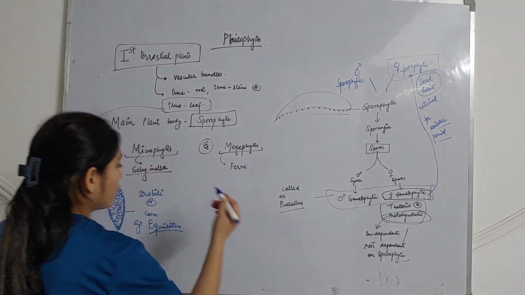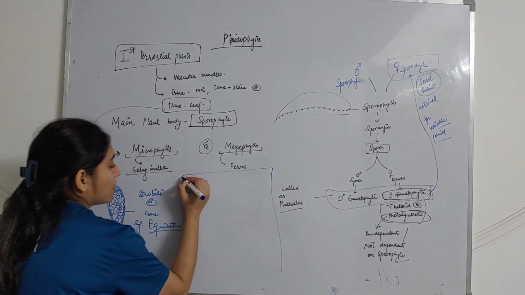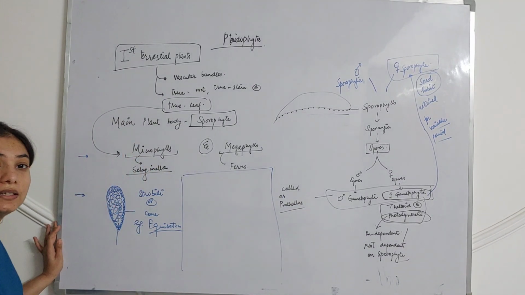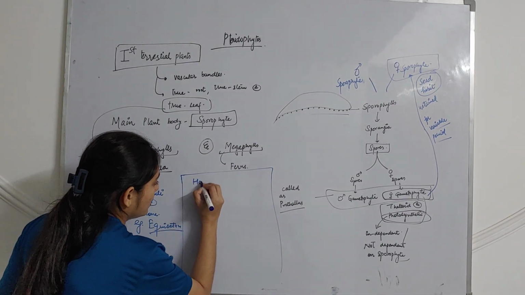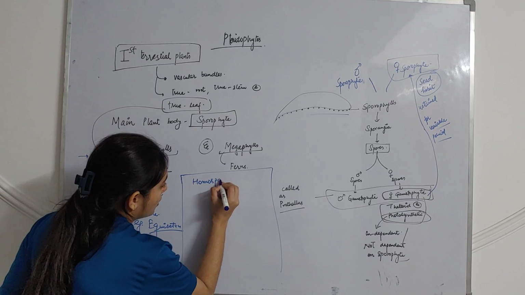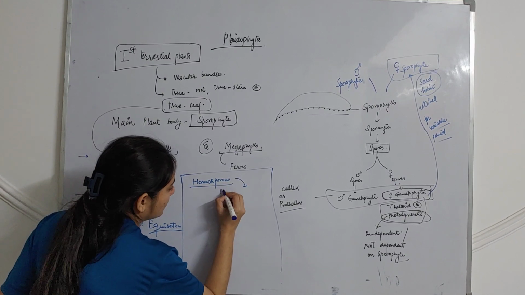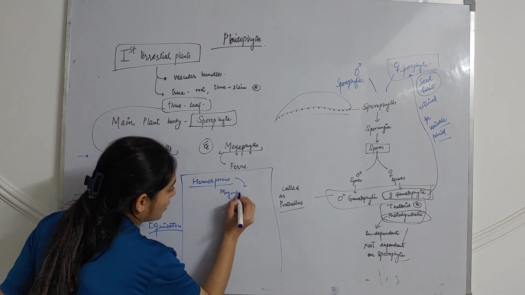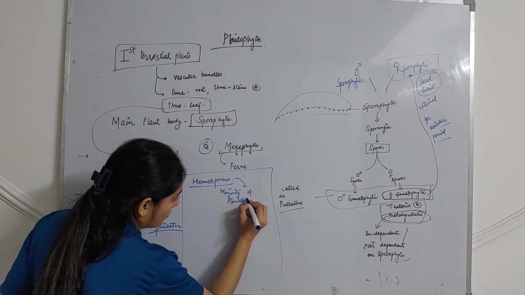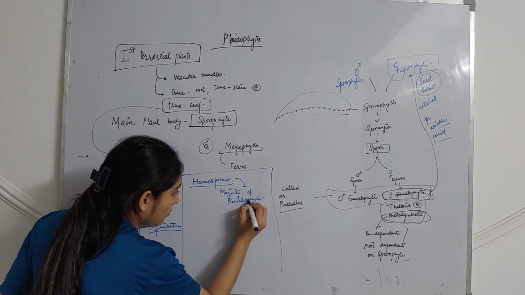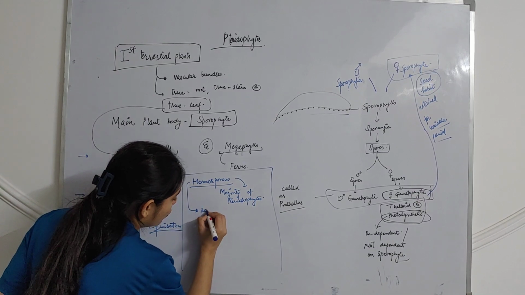In the majority of pteridophytes, there is only one kind of spore, or homosporous condition, which means the same kind of spores are produced.